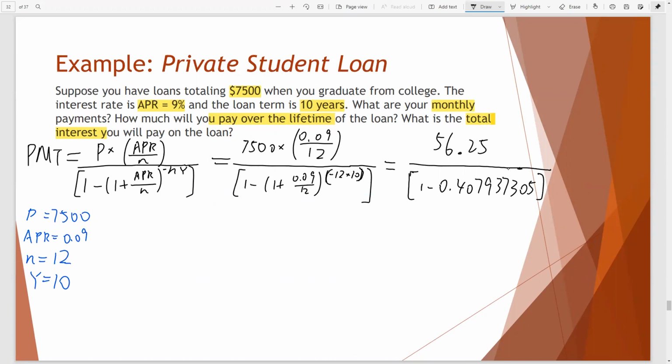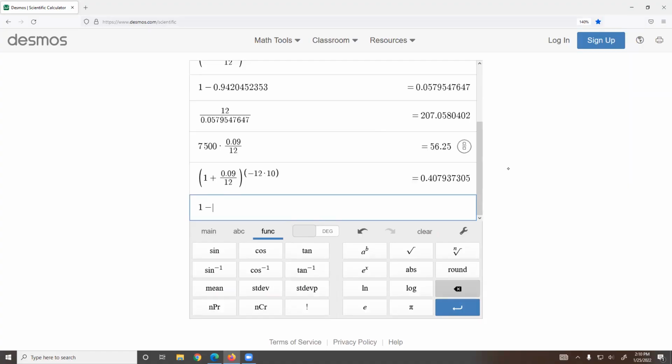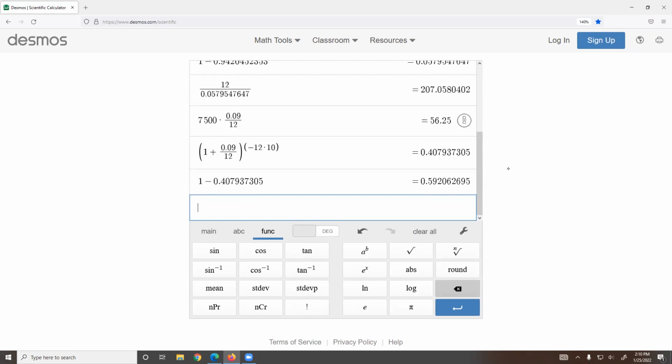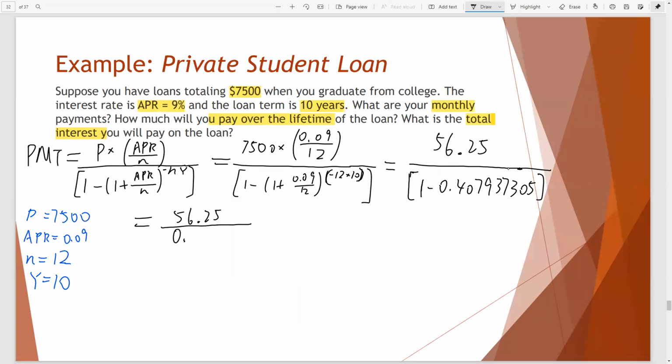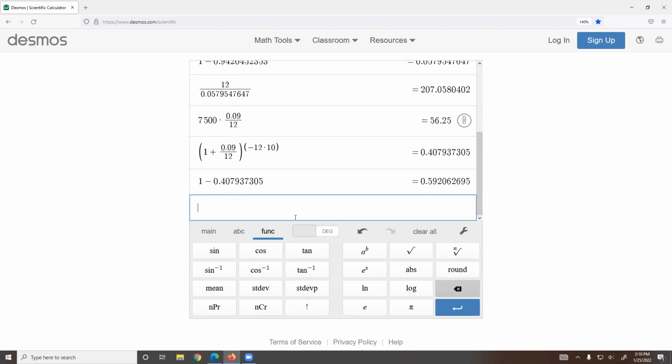Of course, if you can do 1 minus this number on a calculator, you can omit this step. 1 minus 0.04079373005 is 0.59206.